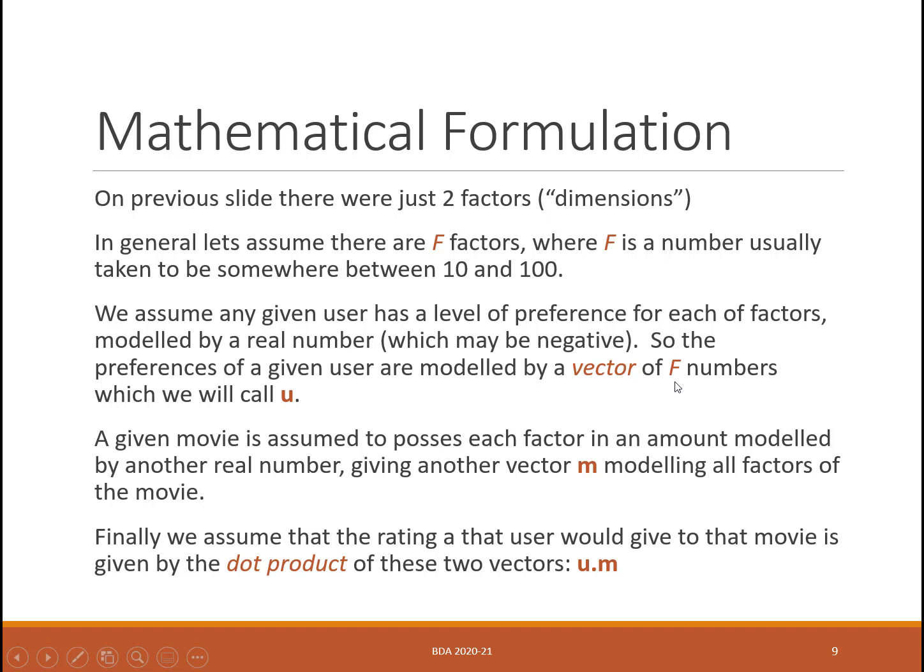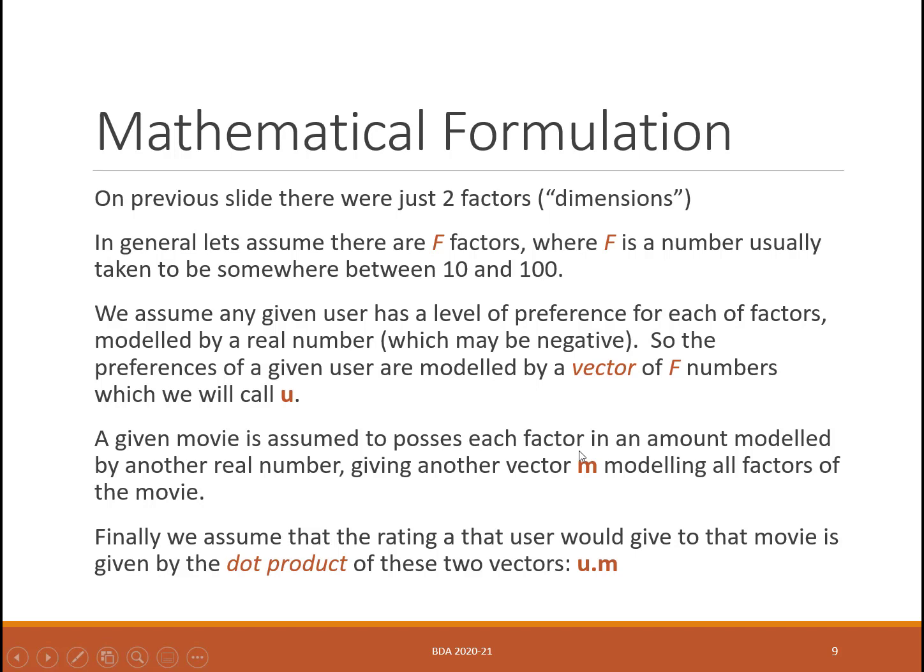Similar to users, we also define another vector m including f factors. Each factor for an item represents the level to which the item passes the factor.